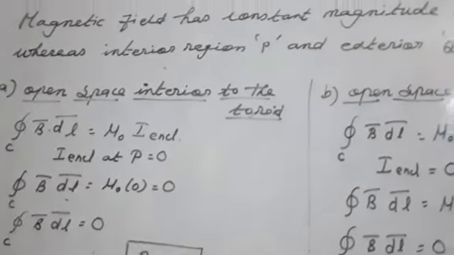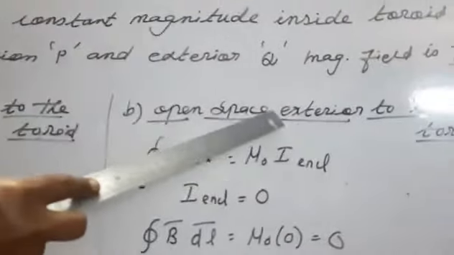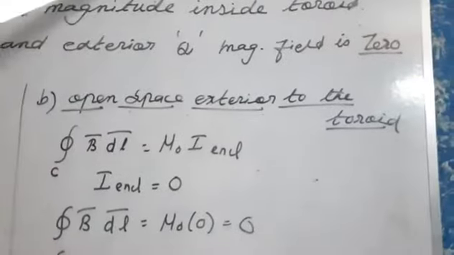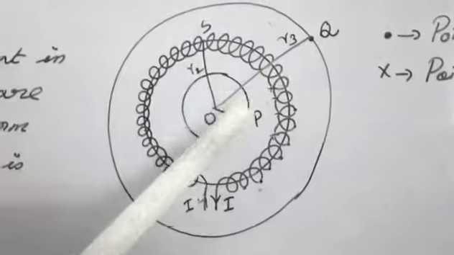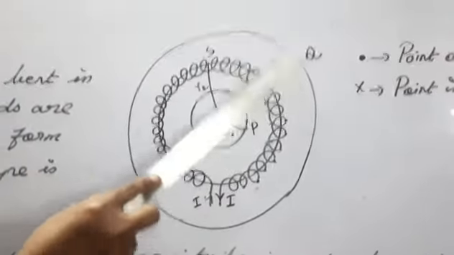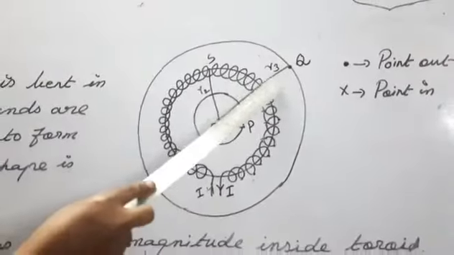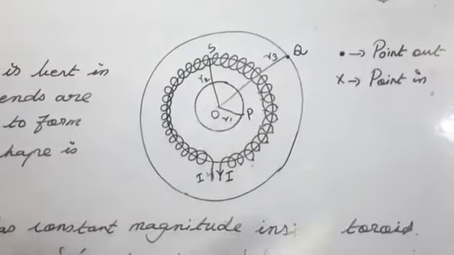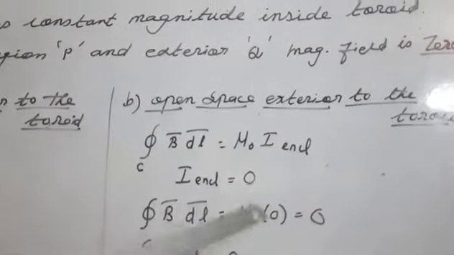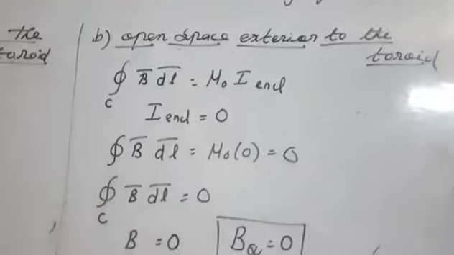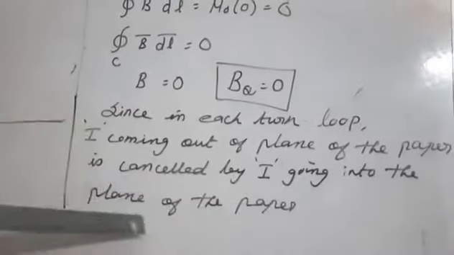In the second case, we take open space exterior to the toroid, that is, the point Q. Consider one loop at a distance r3 from the center O. Here the I enclosed value is 0, since in each turn of the toroid loop, the current coming out of the plane of the paper is cancelled by the current going into the plane of the paper.